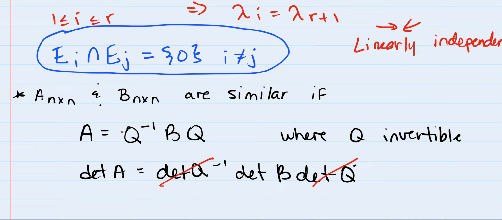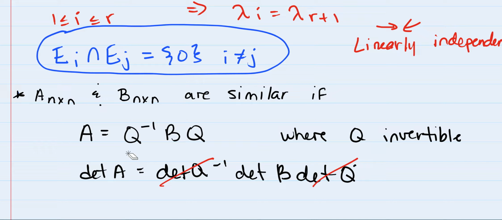You could see that the transpose of this would be Q inverse B transpose Q, and you could also do a lot of calculations with this, particularly if this was like an upper triangular matrix. If you wanted to find the determinant of this matrix, well, if you know what the determinant of an upper triangular matrix is, it's a lot easier to figure out.